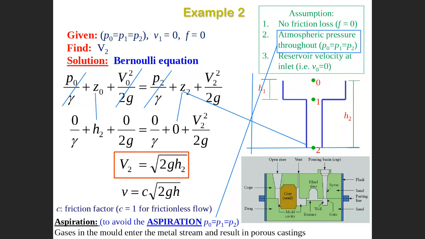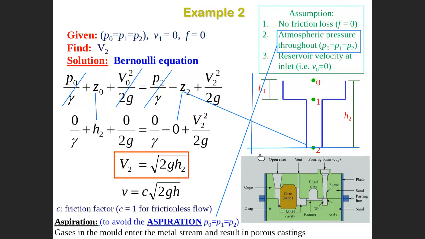So Z0 equals positive H2. This is the level here of 0, equal to H2, because I put the reference at point 2. I put my axis there.